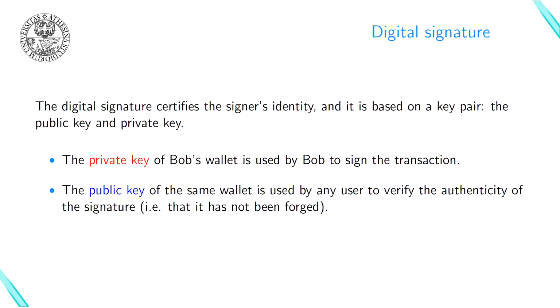In our case, the private key of Bob's Bitcoin wallet is used by Bob to sign the transaction. The public key of the same wallet is used by any user to verify the authenticity of the signature, namely, that it has not been forged.